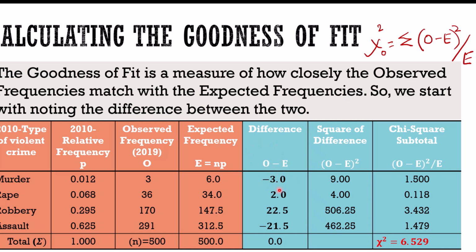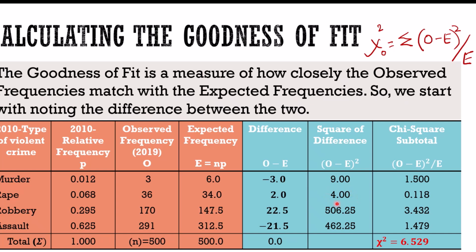So 3 minus 6.0 is negative 3.0. 36 minus 34.0 is 2.0. Once we calculate all the differences, we will go on to the next column, which is squaring all the differences. So minus 3.0 squared is 9.0. 2.0 squared is 4.00 and so on.